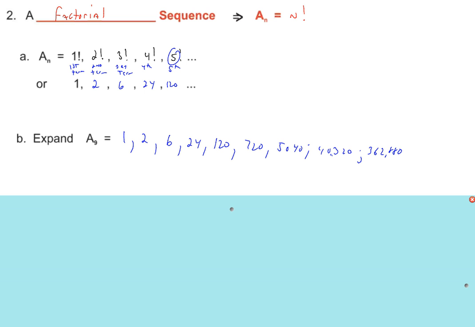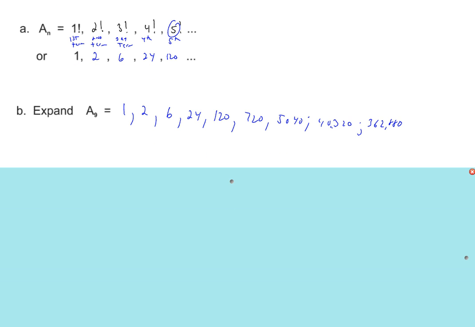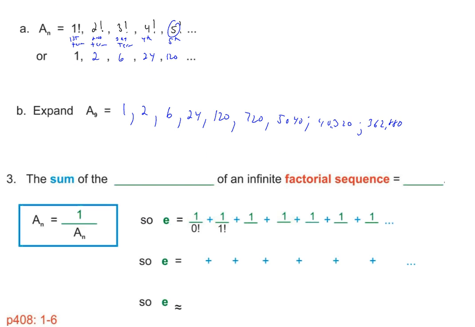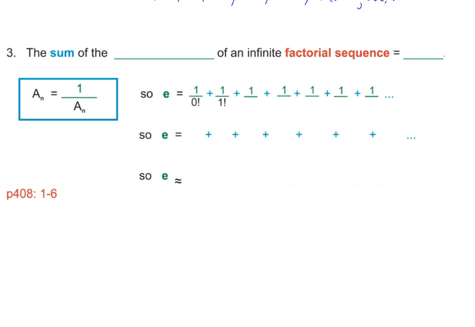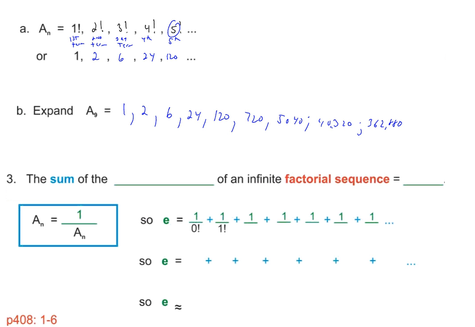Okay. The last thing we want to do is deal with a special situation. If you notice in the formula, we have 1 over the factorial sequence. So 1 over anything is its reciprocal, right?